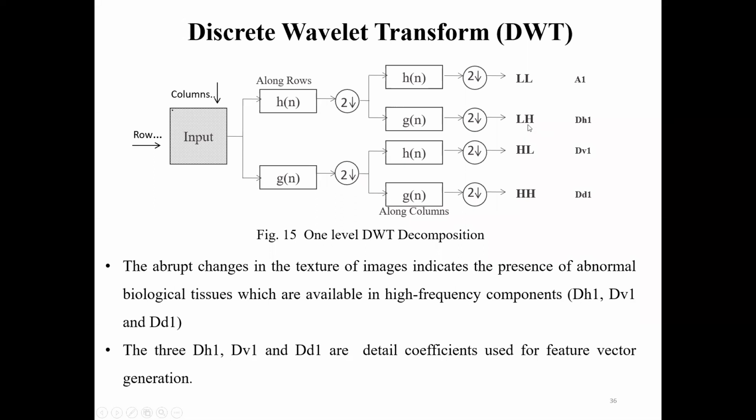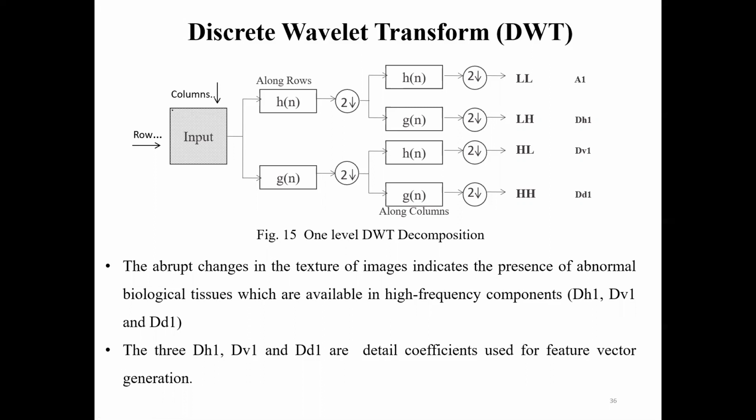Low pass filtered and again passed through a high pass filter, hence LH. Image passed through a high pass filter, followed by a low pass filter, that is HL. HH: the image is first passed through a high pass filter, then again passed through a high pass filter, which is HH. So the DH1, DV1, DD1 are the detailed coefficients used for feature vector generation.